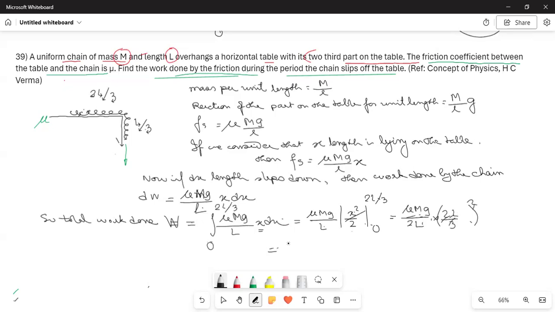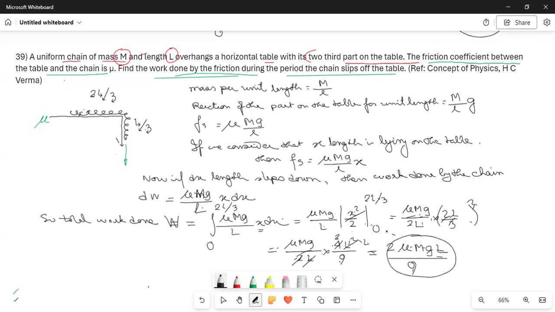It is equal to mu M g by 2L multiplied by 4L square by 9. 2 and 4 makes 2 here, and L and L square, only one L will remain. So 2 mu M g L divided by 9.